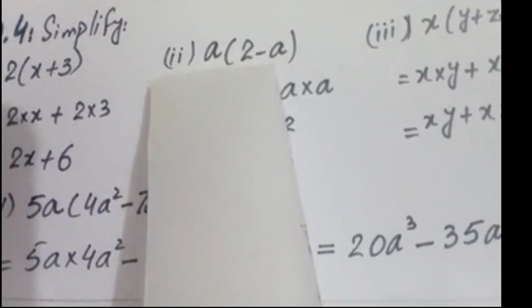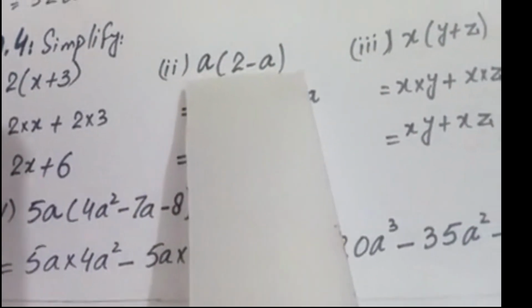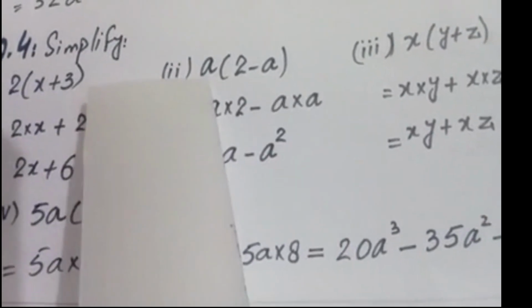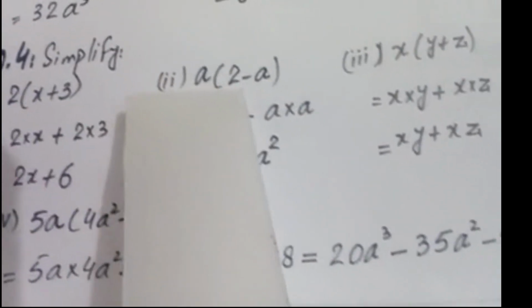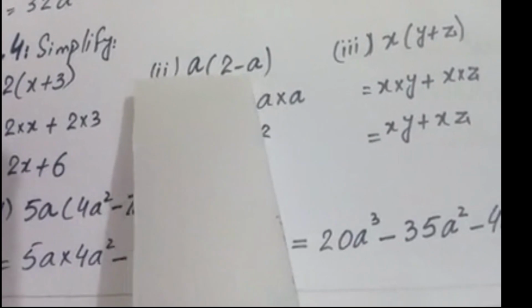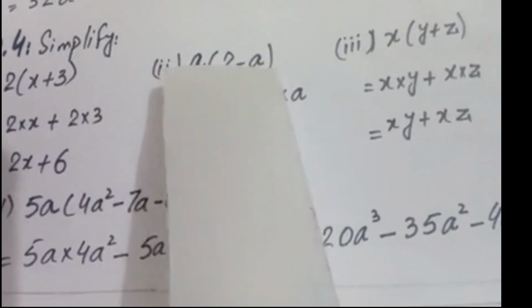Second part is a(2 − a). In this question, this a will be distributed to this whole expression, that is with 2 and minus a.